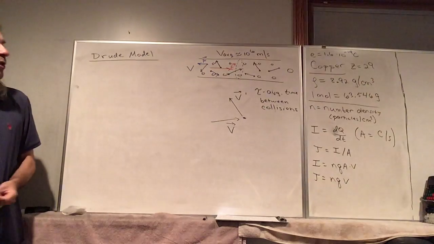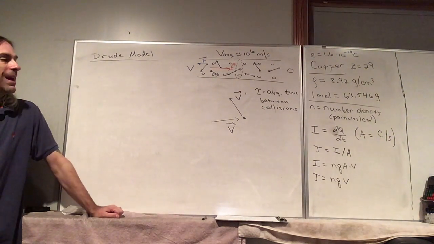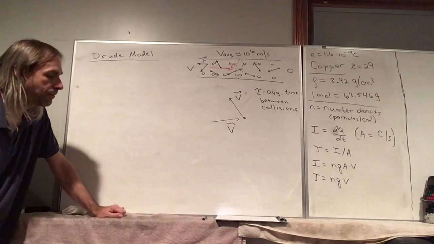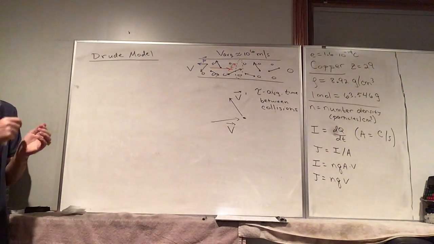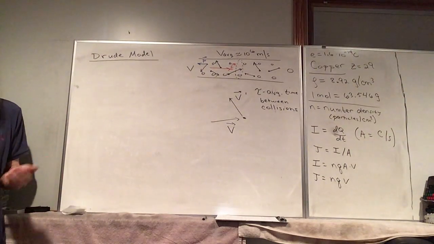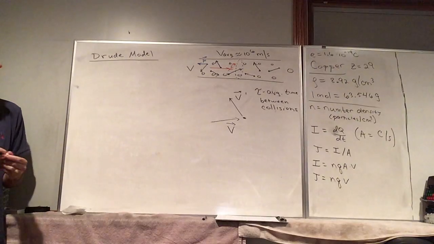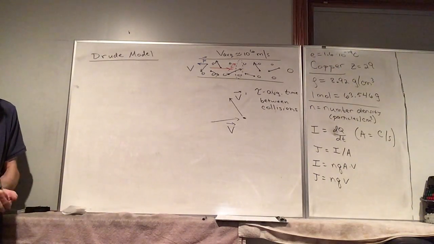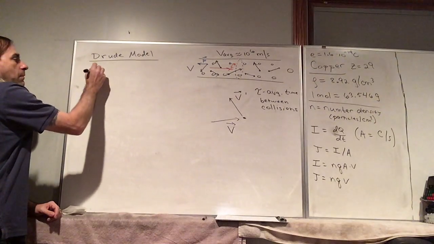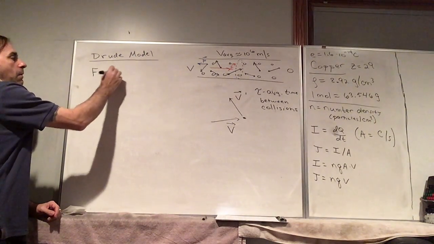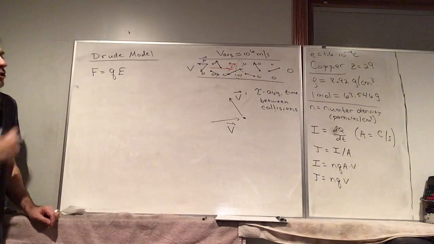And again, it's going to be different because its velocity and the direction it's moving is going to be randomized with each collision. Okay, so in between, from when it hits one to when it hits the next, we know that the force on this electron is constant. The force is just QE. Let's just look at the magnitude. It's also the same.